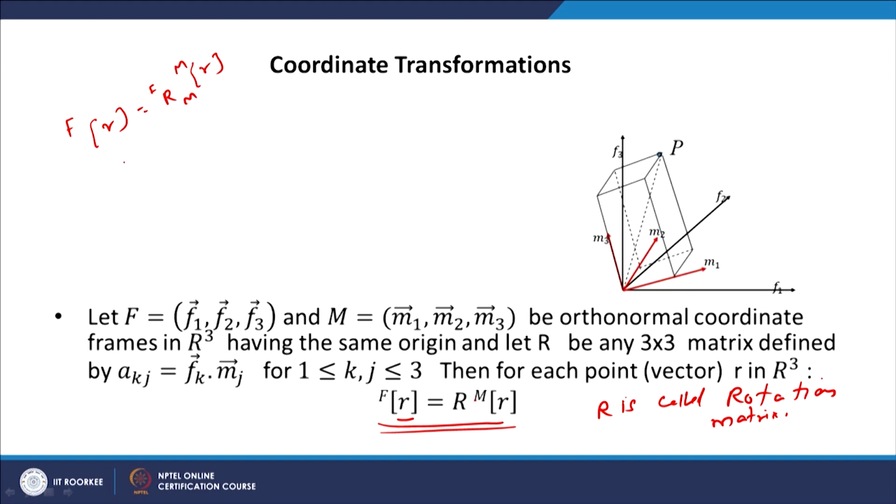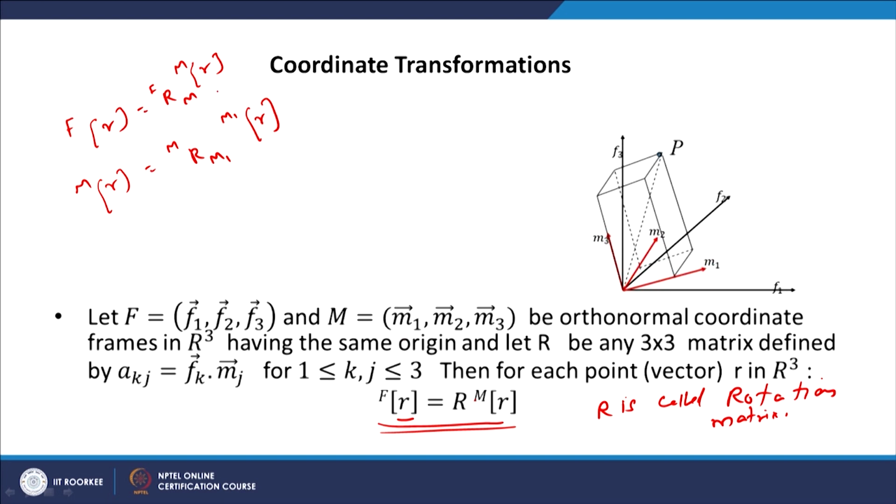Now, if we make a rotation with respect to the M frame and obtain the M1 frame, then the coordinate of a point in the M frame is related to the coordinate of the point in the M1 frame by the same theorem, replacing F and M by M and M1.